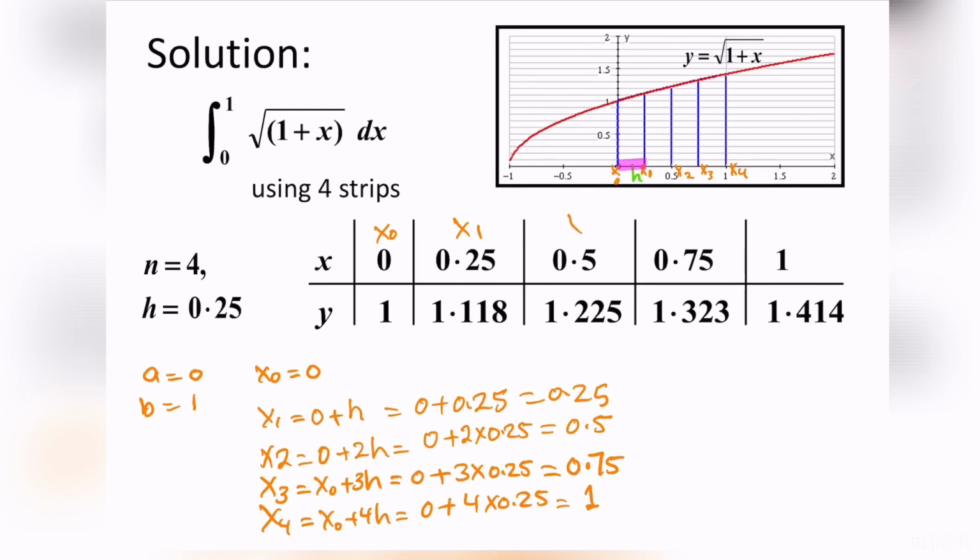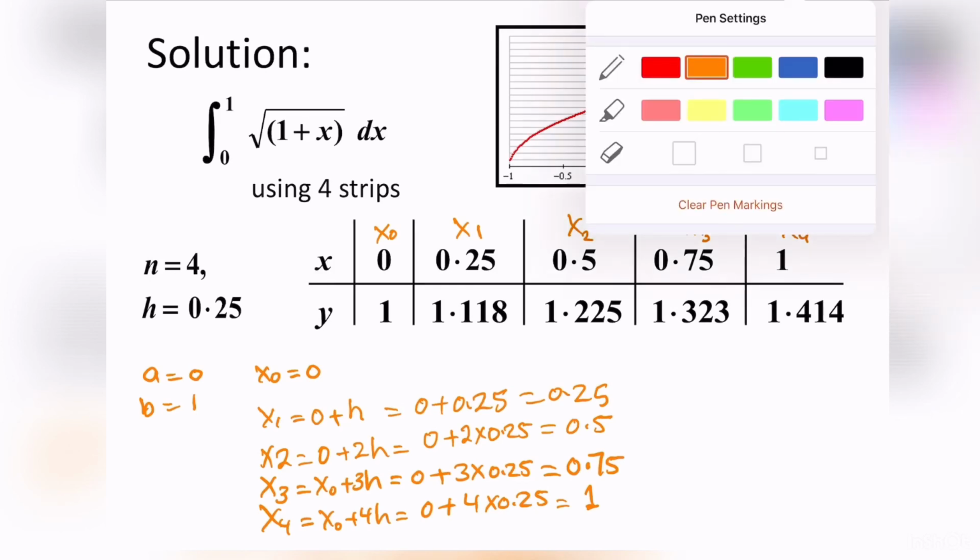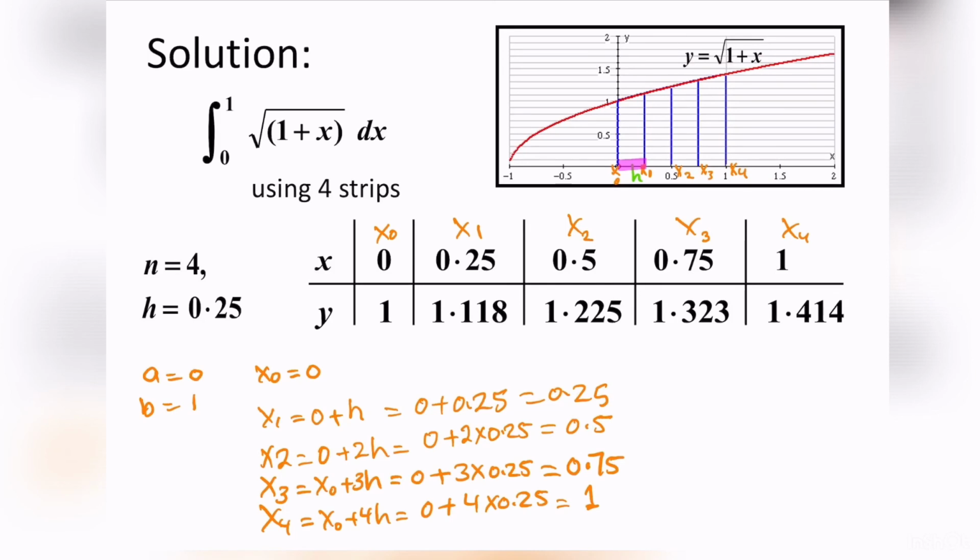So this is x2, x3, x4, and then to find y, we will apply our function. So therefore, if x naught is 0, then y naught equals the square root of 1 plus 0, which is root 1, and this is going to be 1.